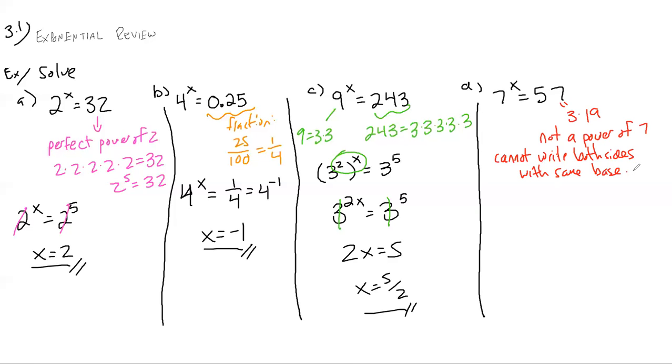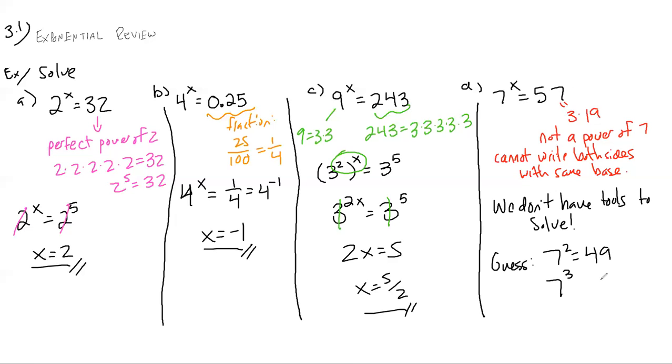So what that means is that right now we can't solve this. We don't have the tools to solve this. That's our answer. We can make a little bit of a guess. 7 squared is 49. 7 cubed, 49 times 7, should be 343.